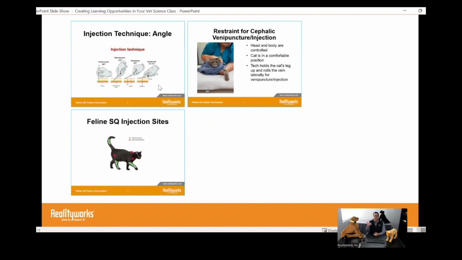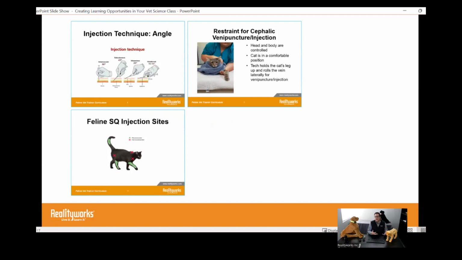Our curriculum has PowerPoint slides talking about all the different parts and pieces that we go through. So the feline vet trainer has all the different parts and pieces that you would want to walk through, interact with, and teach the students alongside using the animal itself, the product itself.